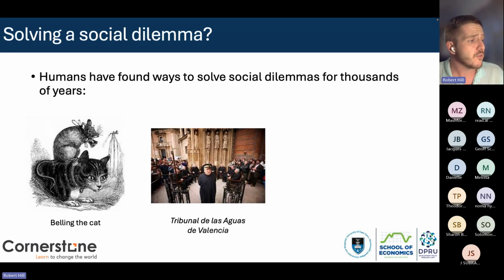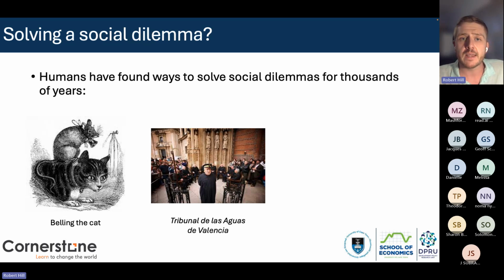In Spain, for example, we've got the Tribunal de las Aguas de Valencia, which is basically a water court. In one of the water scarce areas of Spain, a bunch of farmers get together and monitor water usage by their peers.